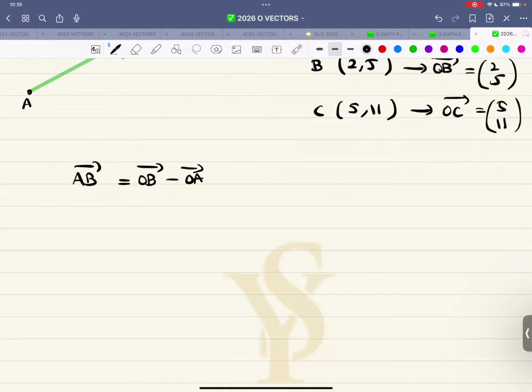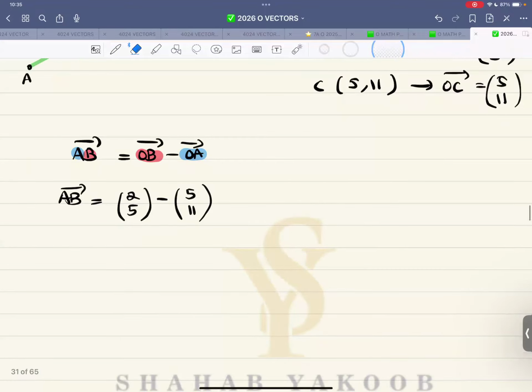Again, let me emphasize, position vector of second letter minus position vector of first letter. So AB is OB, which is (2, 5), minus OA, which is (0, 1). This comes out to be (2, 4).